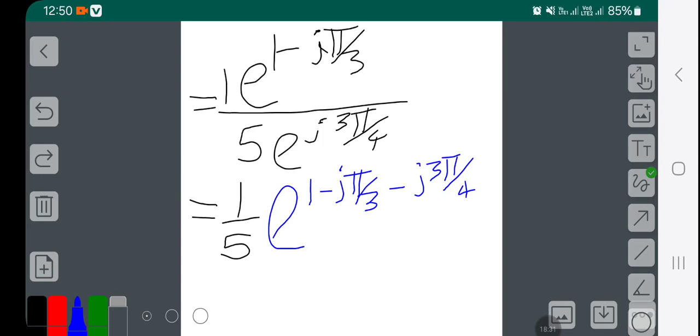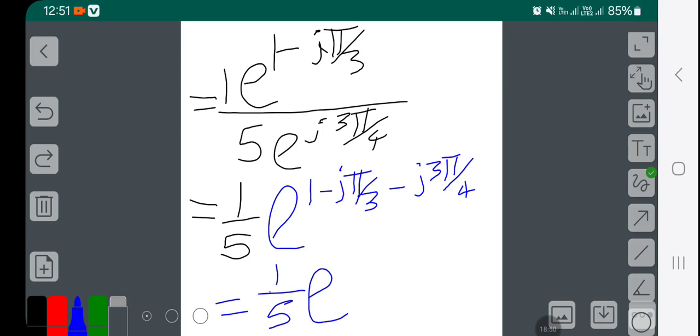Since we are subtracting our powers here, it's 1 over 5, then e. We just need to subtract for the like terms. Which are my like terms here? My like terms are jπ/3 minus j3π/4. You can use a calculator there.